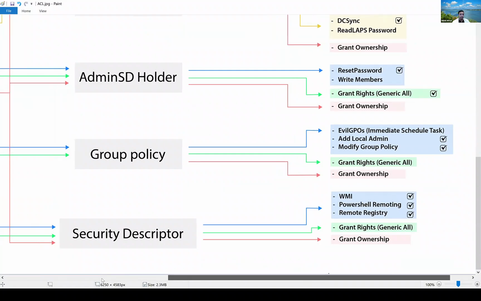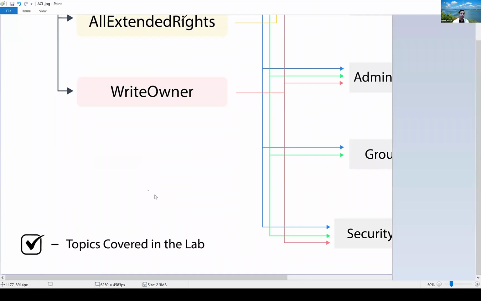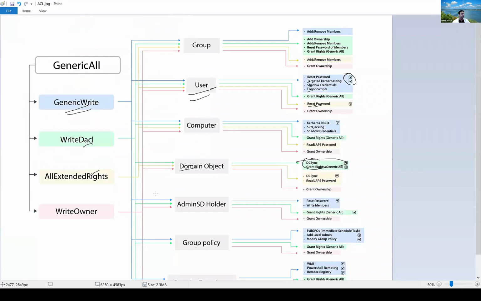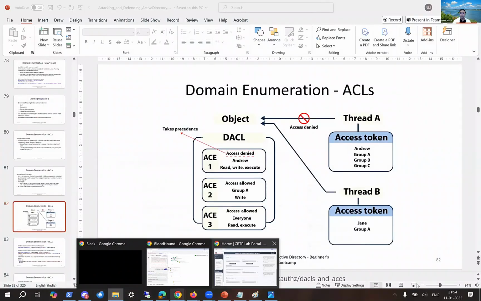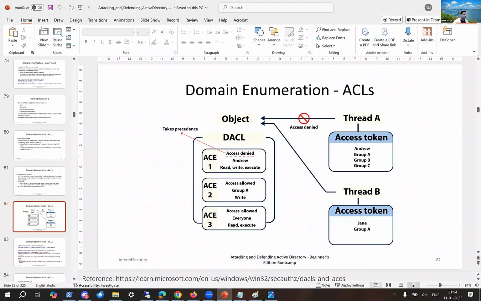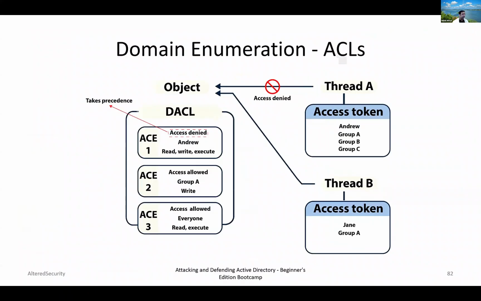And that simply shows how important ACLs are in Active Directory. So do we understand the importance of ACLs, or do I need to lecture you a bit more on that? Do we agree that ACLs are central to the access control model? Do we understand that very well?